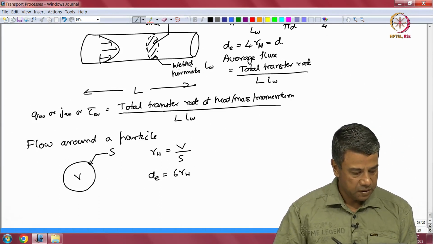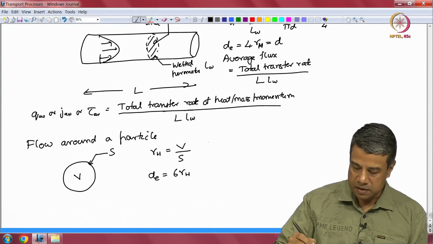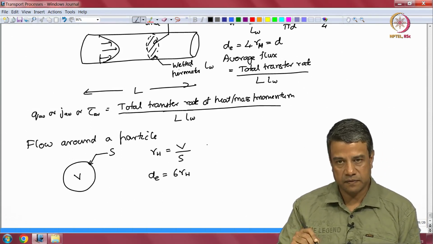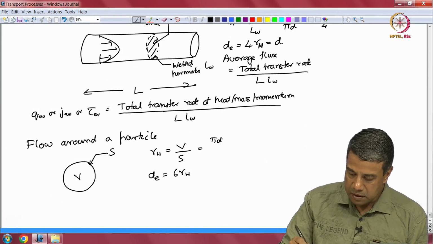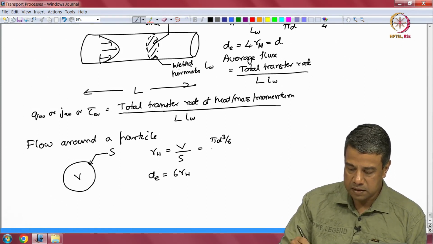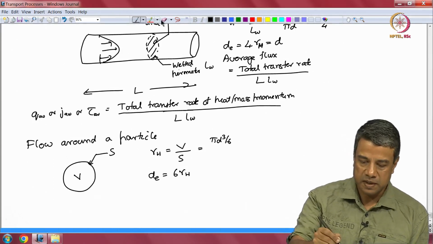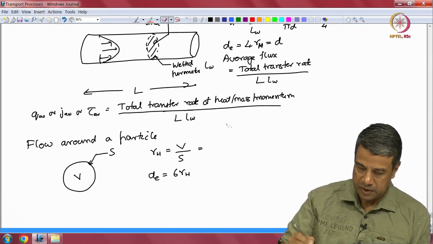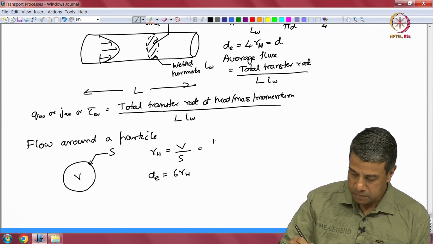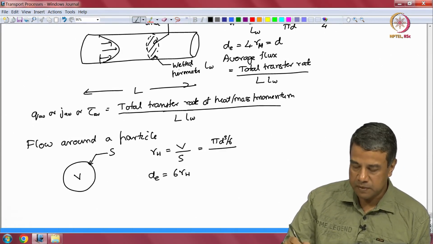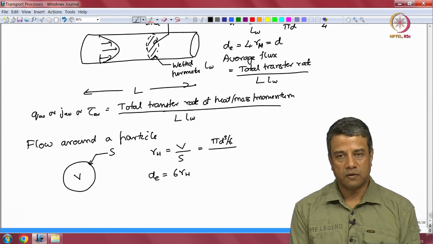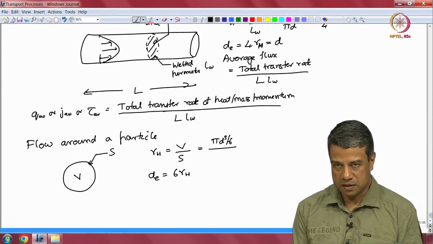Why 6? Because if I take a sphere, for example, the volume is pi d cubed by 6. You may be more familiar with this as 4 by 3 pi r cubed.